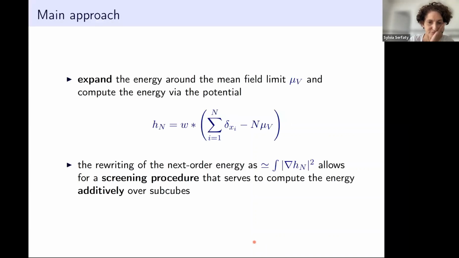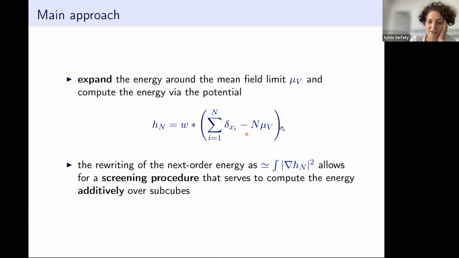I told you the leading order is n squared. It's the equilibrium measure that is well understood. Okay, so to go beyond, you want to continue by expanding the energy around the equilibrium measure mu_V, and continue to express everything in terms of this electric potential. But now we're going to do the electric potential of the empirical measure minus mu_V.